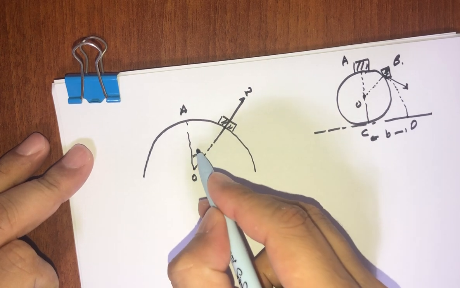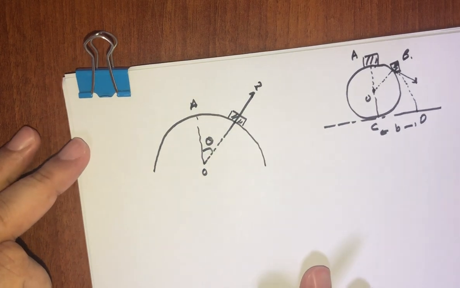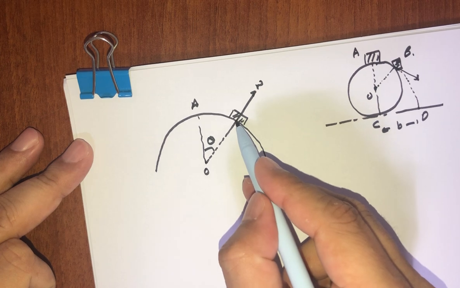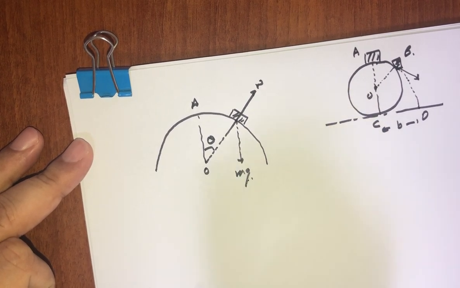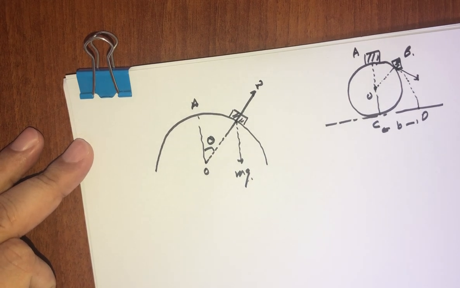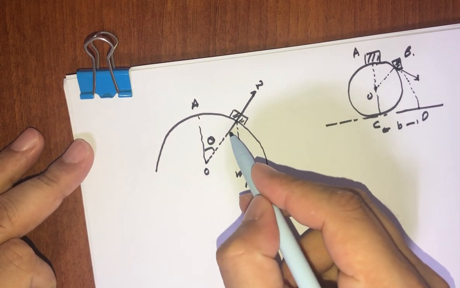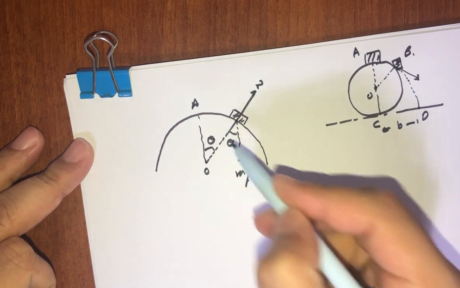Let us call this angle theta, and there is a force mg which will be acting in the downward direction. So this angle will also be theta.